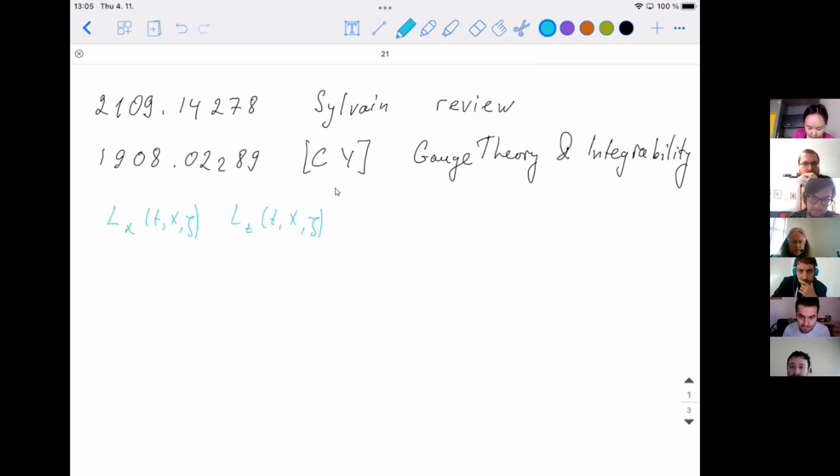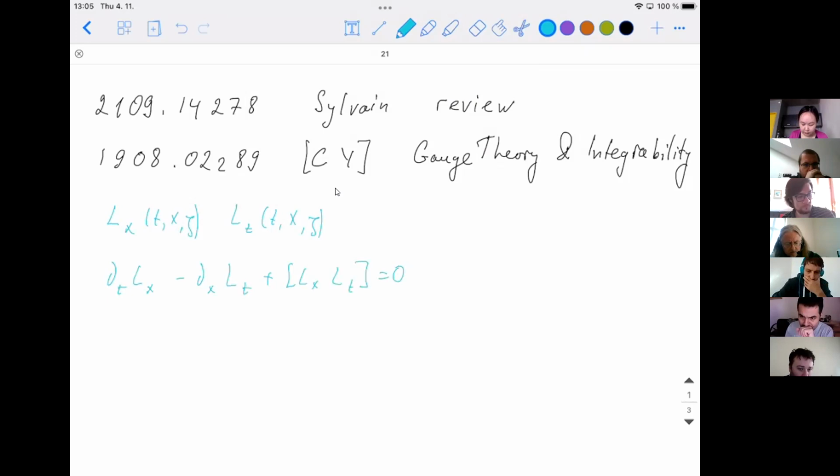The zero curvature of this Lax pair should be the equation of motion of the given field theory.